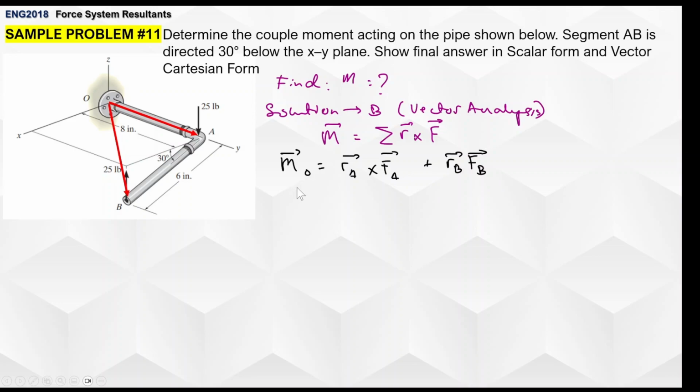And how do we determine FA and FB? That's easy because we can just put it here. For FA, that's just 8 inches, 8 inches j hat.